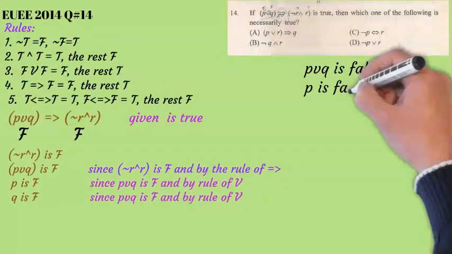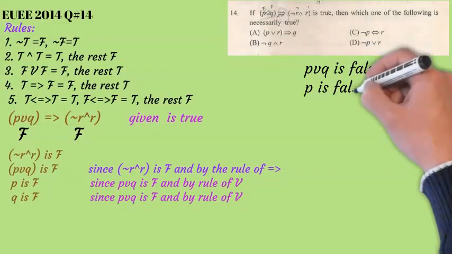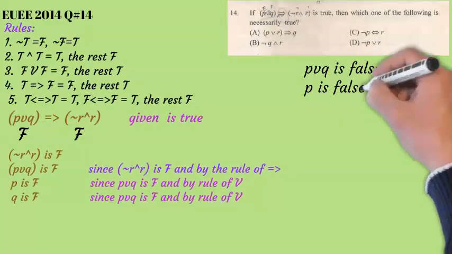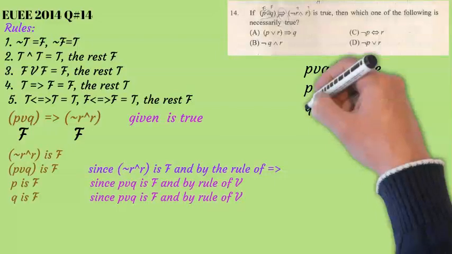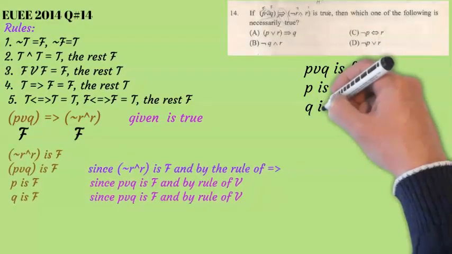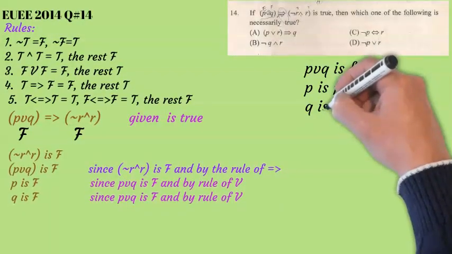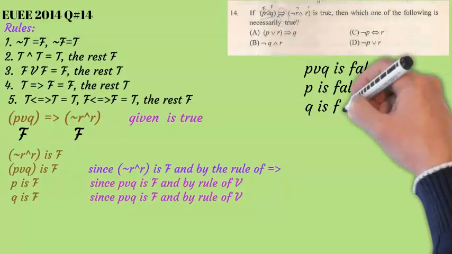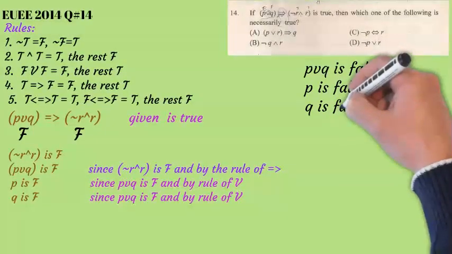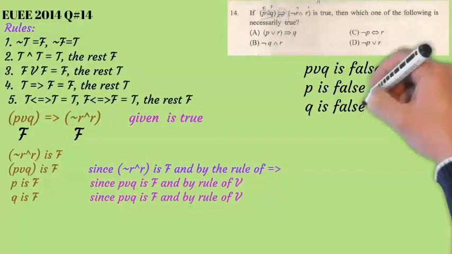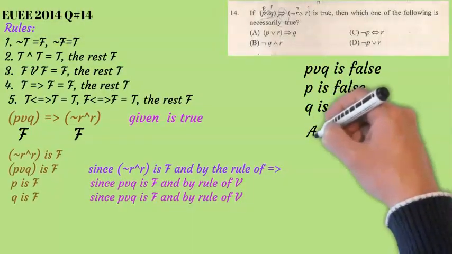In an or statement, the entire statement can be false only when both the left and the right are false. If one of them is true, P or Q, then the whole statement becomes true. But in this case, since we start with P or Q having to be false, each individual P or Q will be false.